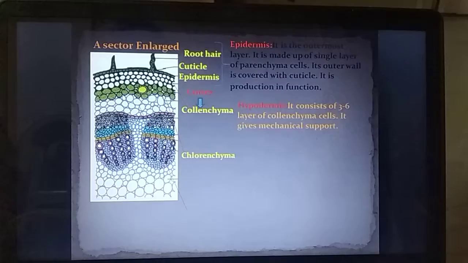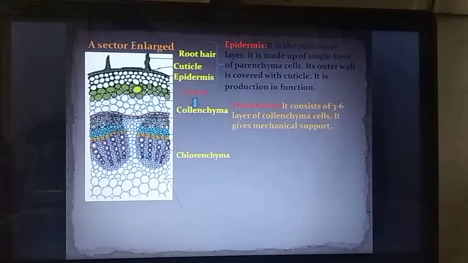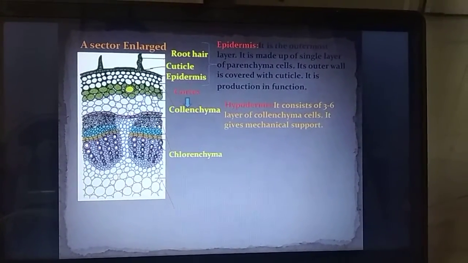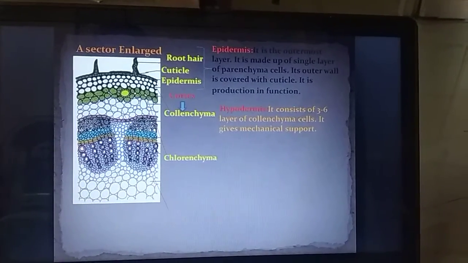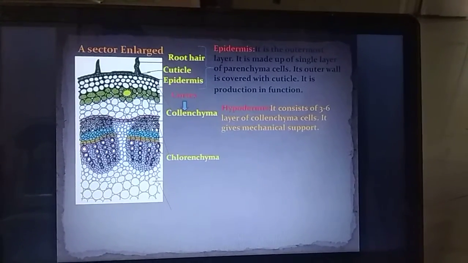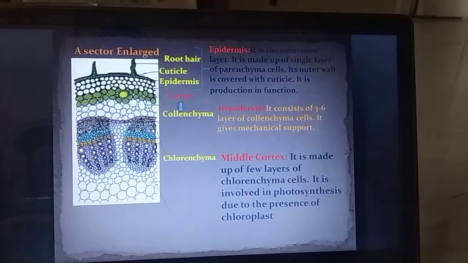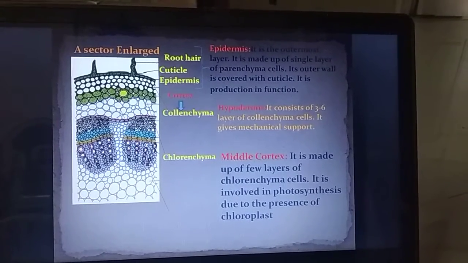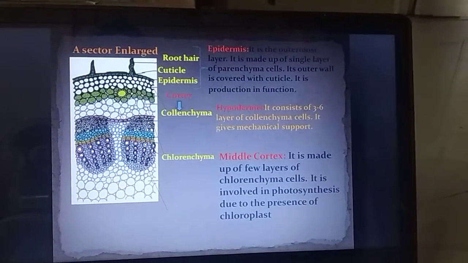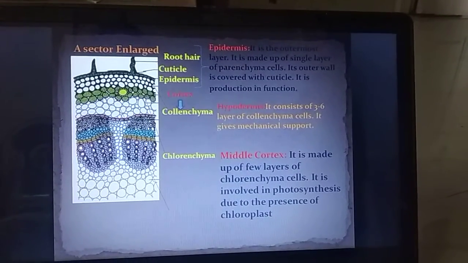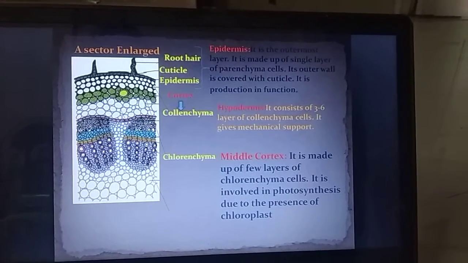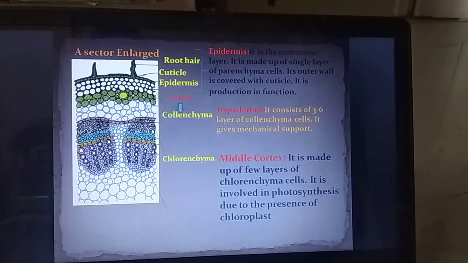Next, chlorenchyma is in green color. In this picture, the white color is collenchyma. Next, the green color is chlorenchyma. It has a few layers of cells and is involved in photosynthesis. Why is it green? Due to the presence of chloroplast, it is green.